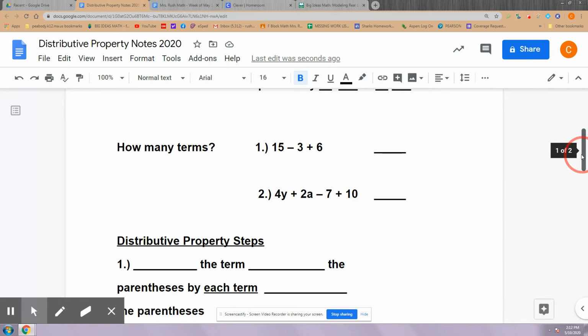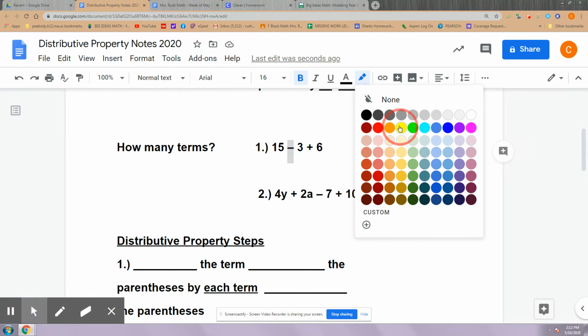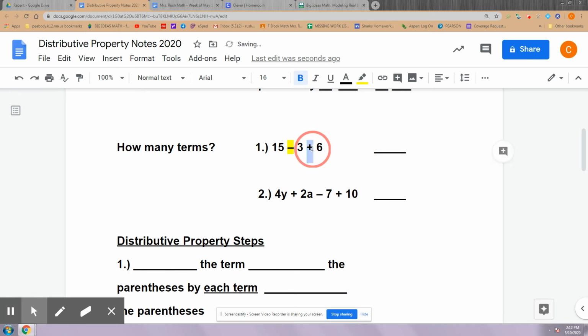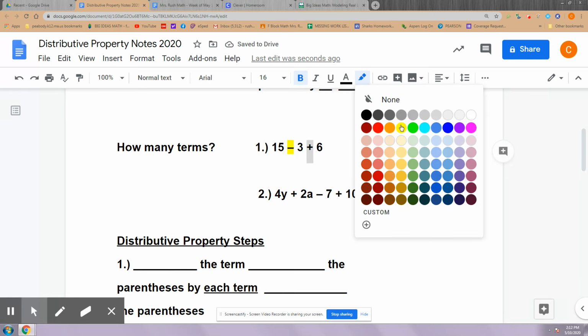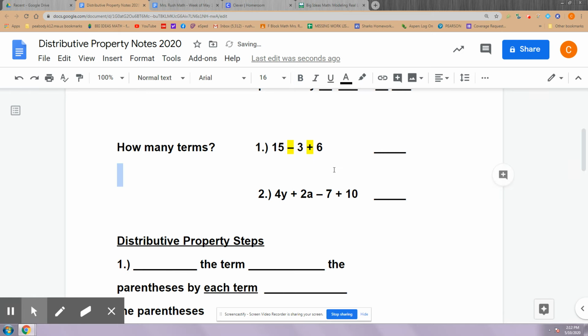Here we're going to identify how many terms are in each expression. So the first expression is 15 minus 3 plus 6. This is kind of how you could do it. I look for a plus or minus. So here's a minus, I'm going to highlight it yellow. Here's a plus, I'll highlight that yellow too. And then that separates the terms.